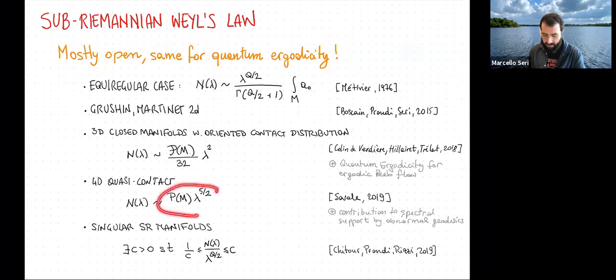In the quasi-contact case, the same: Hausdorff dimension and Popp volume appear, but those two use normal forms that do not work in higher dimension. There is another work on singular sub-Riemannian manifolds that can only tell that there should be Hausdorff dimension appearing there, but they don't know what the terms are.